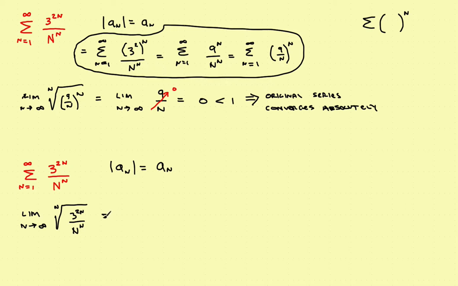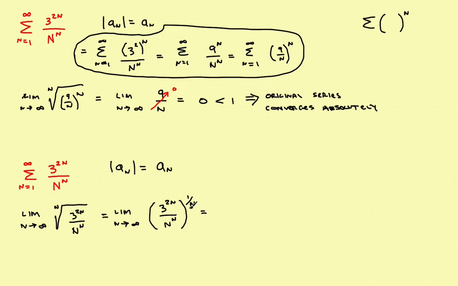So let's go ahead and see what that looks like. We want to find the limit as n goes to infinity. Now I'm going to change this nth root into this thing to the 1 over n power. So this is like having 3 to the 2n divided by n to the n, the whole thing raised to the 1 over n power. That's what it means when you take the nth root.